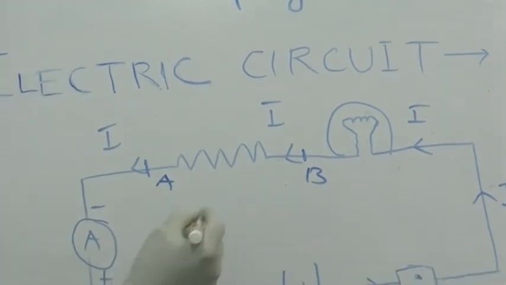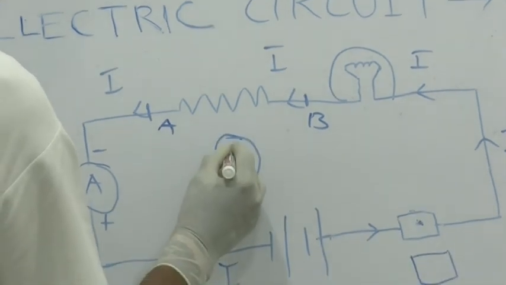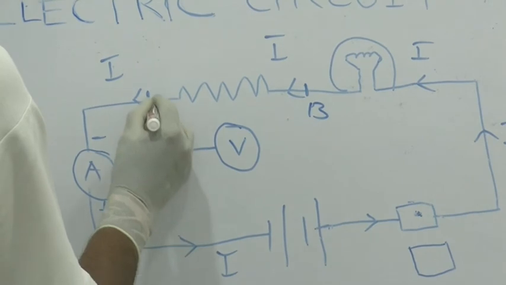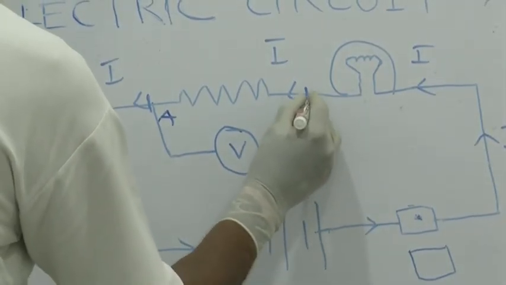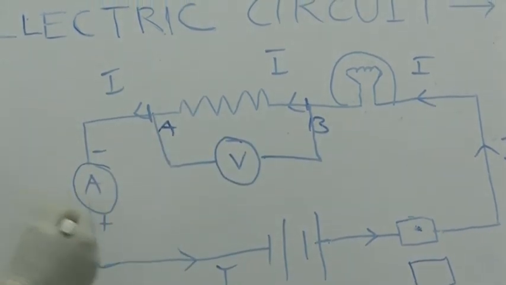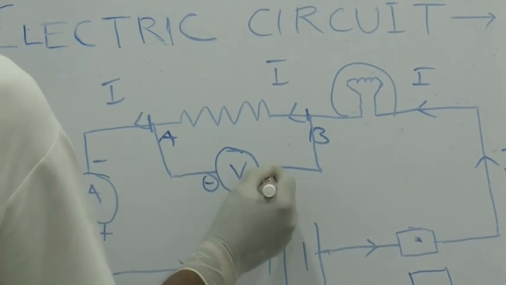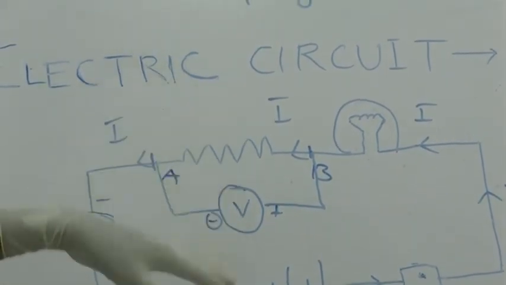The voltmeter is connected with the resistance in this way. One end of the voltmeter is connected with the A terminal and the other end is connected with the B terminal. This end is negative and this end is positive. In this way, we connect the voltmeter.